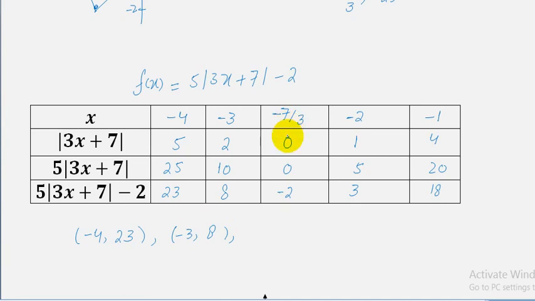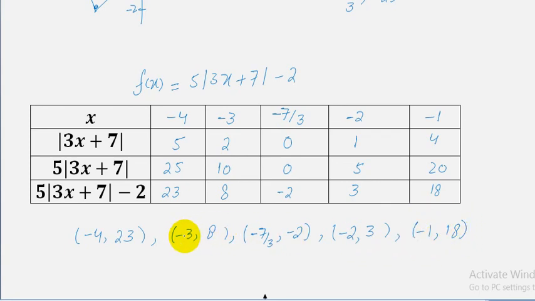When x is minus 7 by 3, the value of y is minus 2, and this is our vertex, as the vertex is at point minus 7 by 3. Next point is when x is minus 2, y is 3, and when x is minus 1, y is 18.